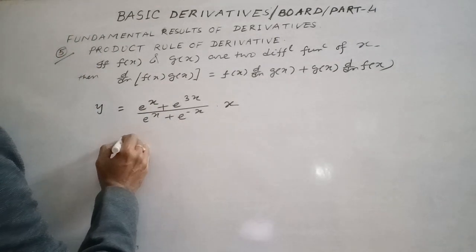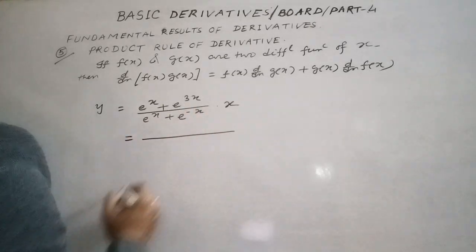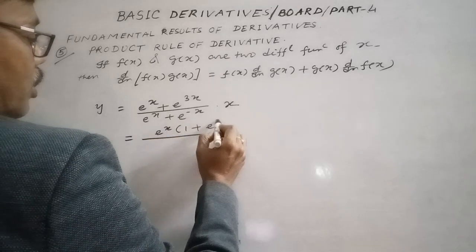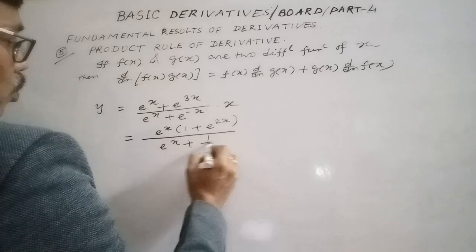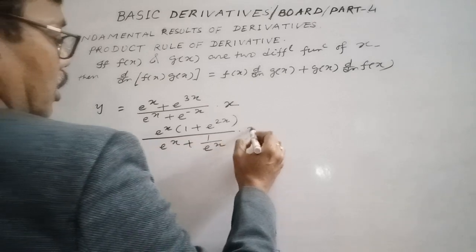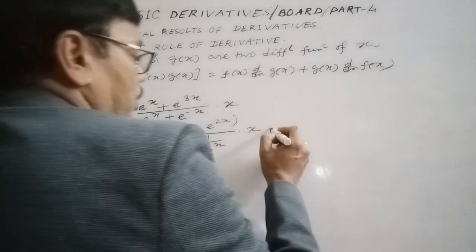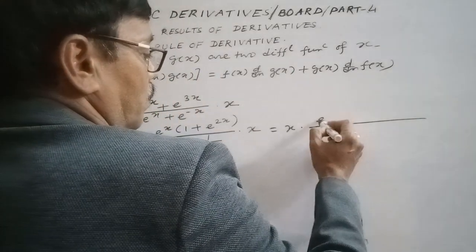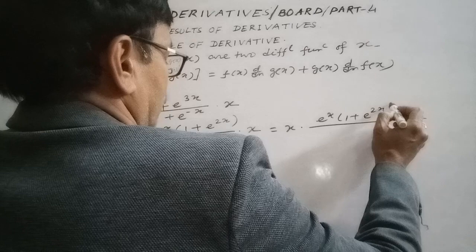So look, e to the power x and e to the power 3x. So e to the power x is common: 1 plus e to the power 2x. So e to the power x, 1 by e to the power x into x. Next, if we simplify, x unchanged, e to the power x, 1 plus e to the power 2x.